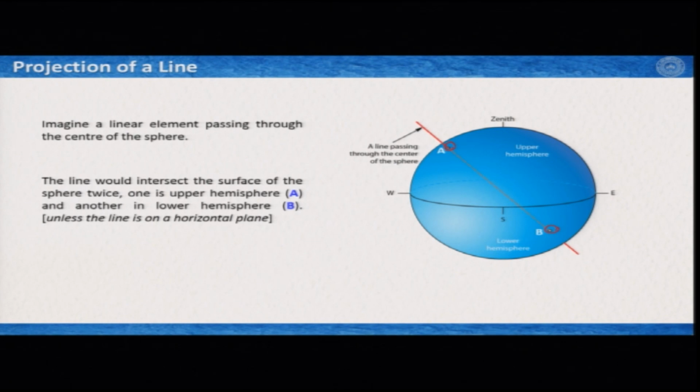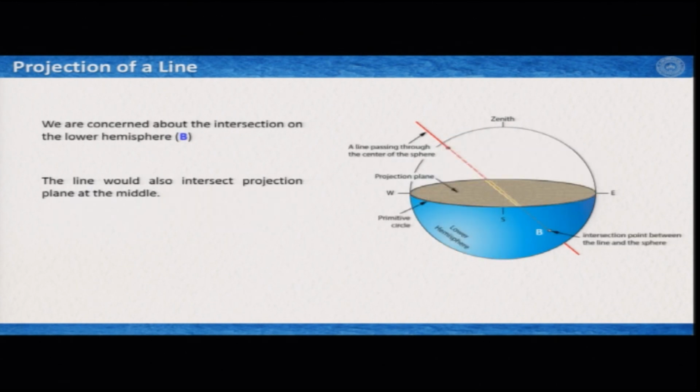Now, this is only possible if the line is inclined. If the line is horizontal, then it would probably lie on the equatorial plane, but that is not the case we are discussing here. So, because we will be projecting on the lower hemisphere, we call it lower hemisphere projection. So, we will be concerned with only the point B.